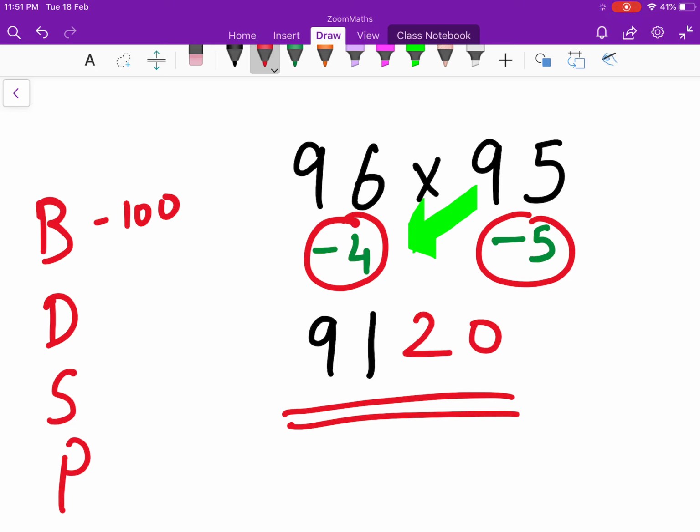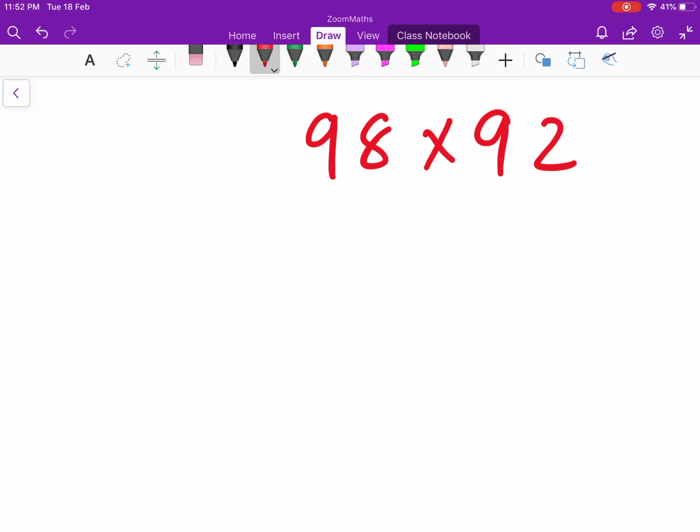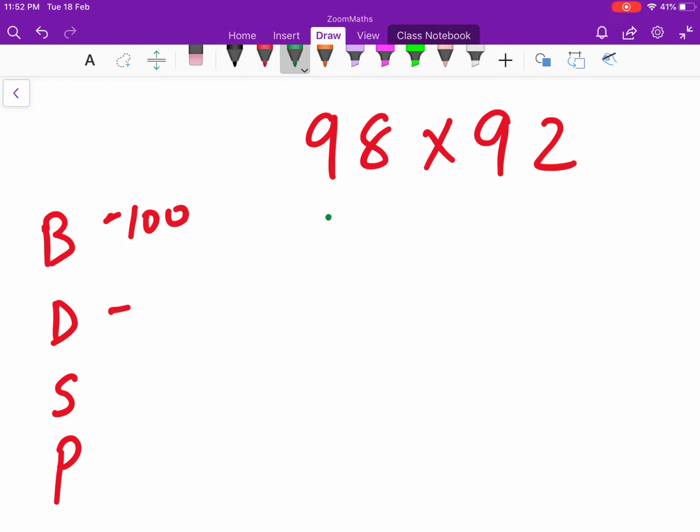Getting that? This is so simple. Let's do one more. Let's say this time 98 into 92. Okay, so again base, deviation, sum and product. So base is 100, deviations, it's two numbers, this is minus 2, this is minus 8.